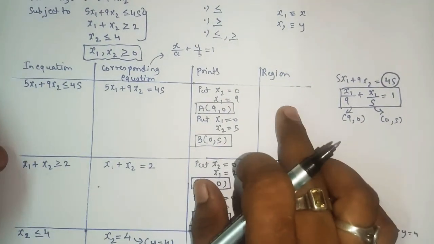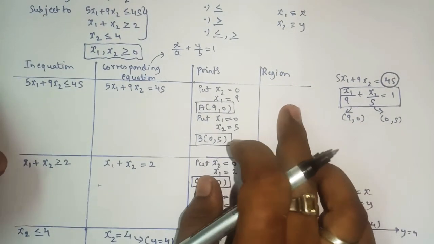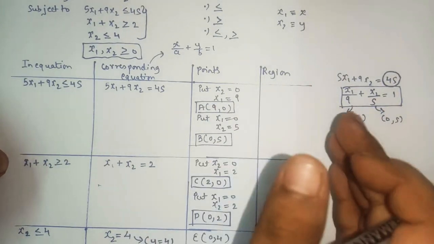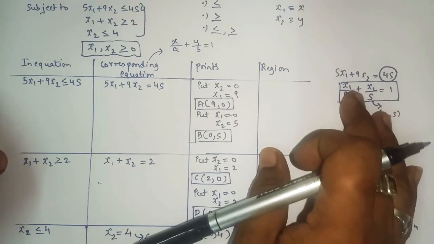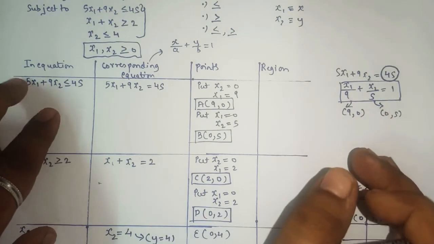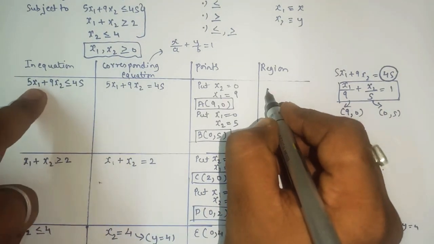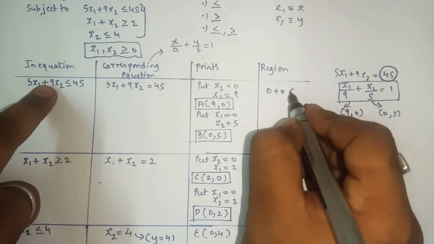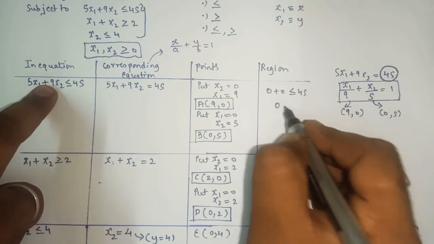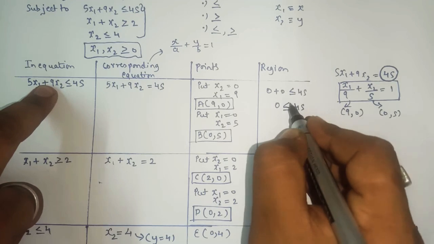Okay, now we'll check the region. It means where the feasible region, the shaded portion, will come: on the origin side or non-origin side. For this simply you will replace the value of x1 and x2 by 0. So 5 zeros are 0 plus 9 zeros are 0 less than or equal to 45. So 0 less than or equal to 45.